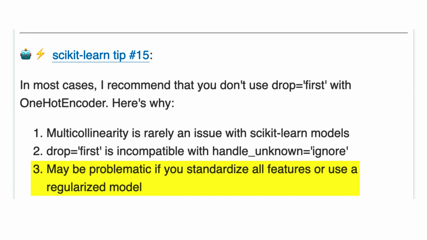The dropped level is no longer redundant information once you shrink the coefficients of the other levels. So if it's no longer redundant, then that tells you you shouldn't have dropped it, or rather, don't use a regularized model, but regularization is useful and it's all over the place in scikit-learn. So that's why I'm advocating in general, don't use drop equals first.